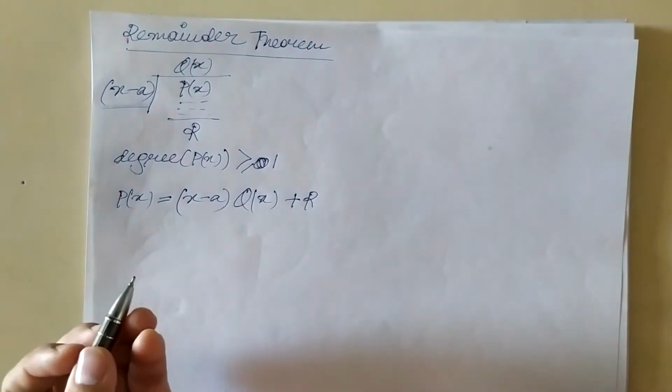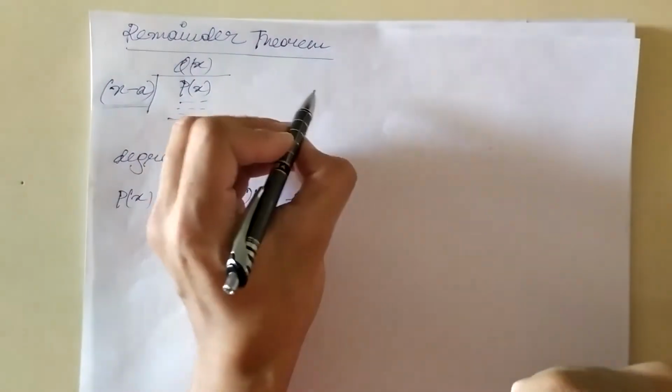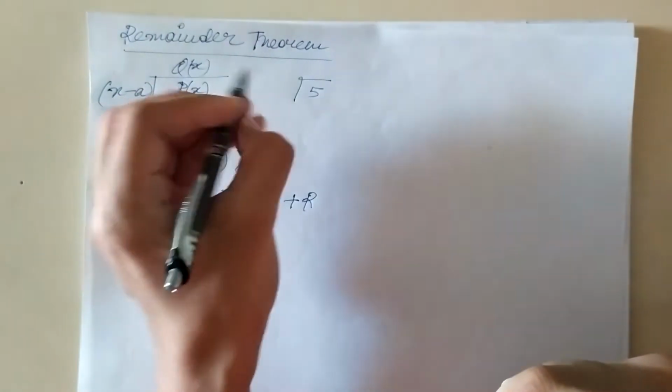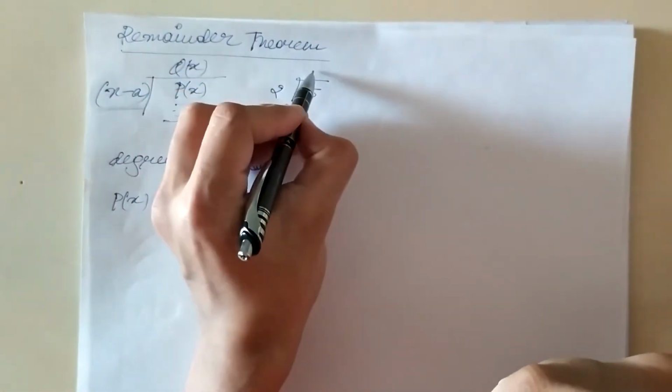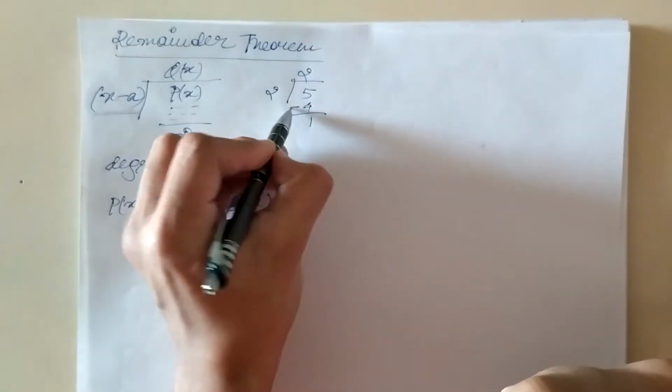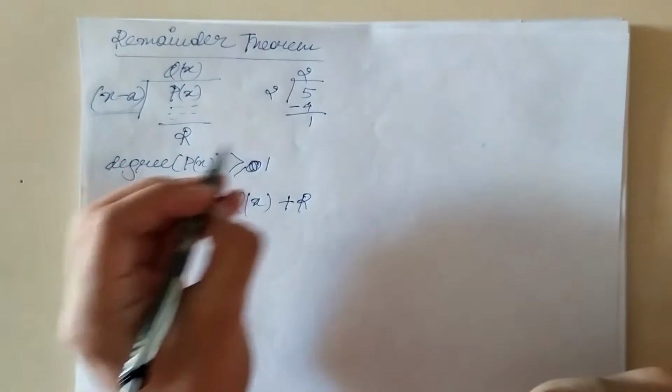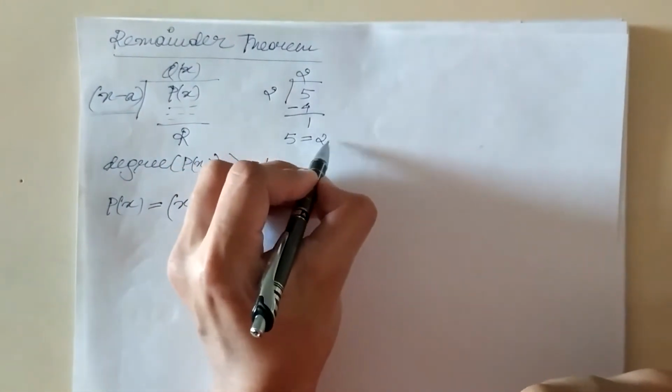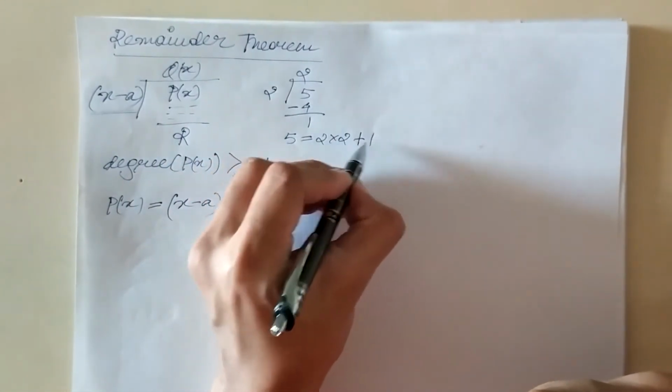This is normal division, as everybody must be knowing. For example, if I divide 5 by 2, the quotient is 2 and the remainder is 1. So I can write it as 5 is equal to 2 into 2 plus 1.